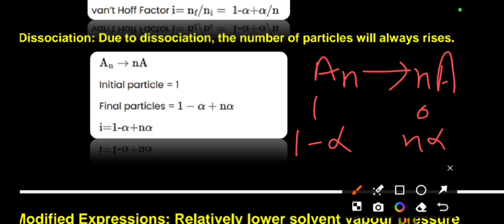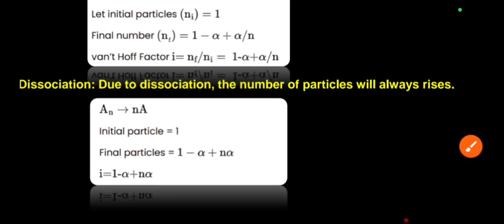So the total quantity in the solution is 1 minus alpha plus n alpha. So i is calculated from the quantity present at that time divided by the total amount we have taken, which is 1, so no need to write. Finally the formula becomes i is equal to 1 minus alpha plus n alpha. This is a very important formula.